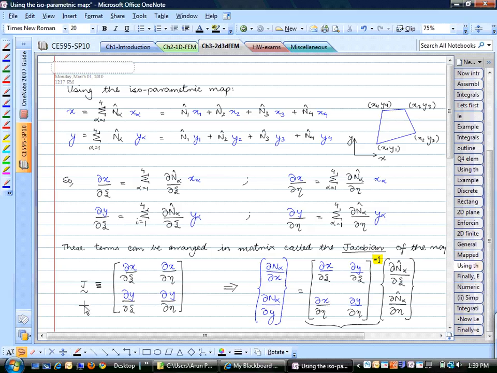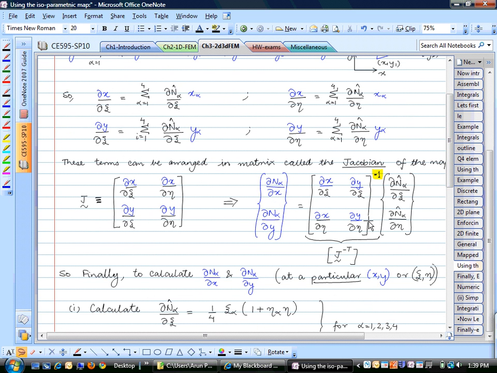Why are we calculating the Jacobian? Because we want the derivatives in the actual domain. Since we want the derivatives in the actual domain, we have to calculate this Jacobian. And once you calculate your Jacobian, you can take its inverse and then take its transpose, or you can transpose and then inverse, it doesn't matter.